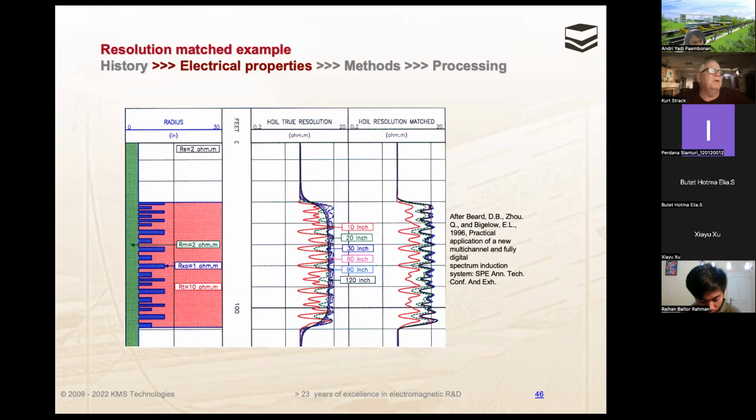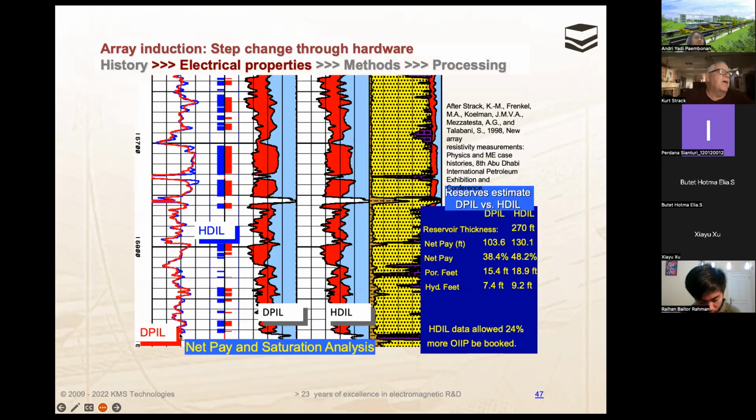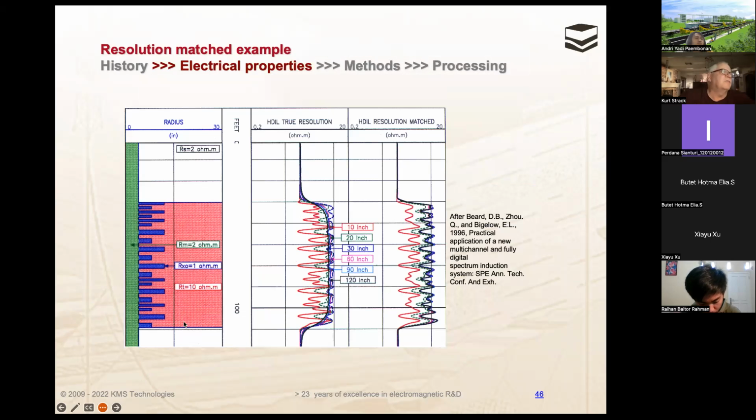Here is an example of the numerical modeling exercise. We have the borehole in green on the left. We have a standard 10-ohm formation in red. And then we have different mud invasions of different thickness and depths. And we measure deep and shallow arrays. And you can see the shallow arrays are in red, and they see the fine layering, and the deep arrays see none of the layering.